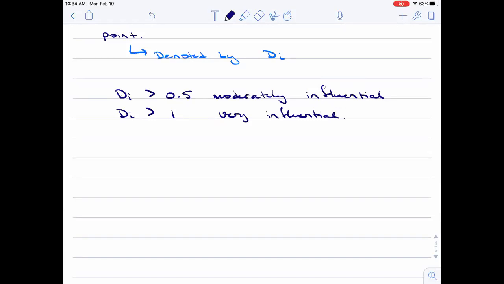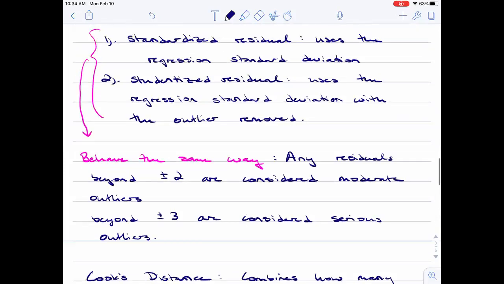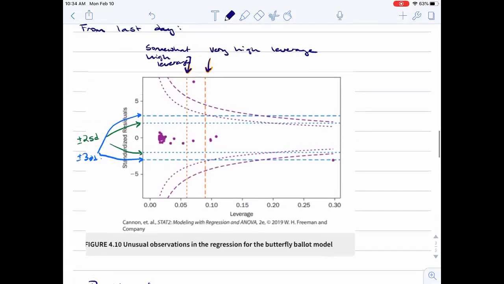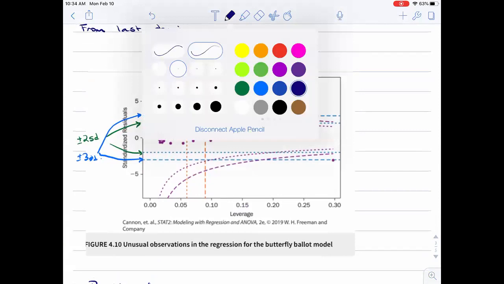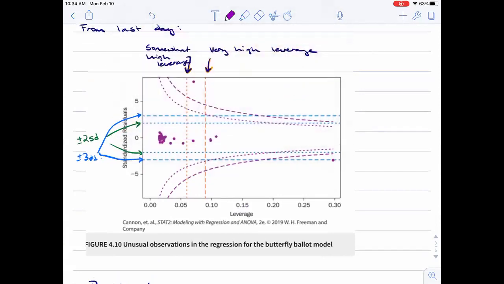So on our graph, I'll do it in purple because that's what they are. These lines here are Cook's distance, and they're the ones we check to see if we have any outliers.